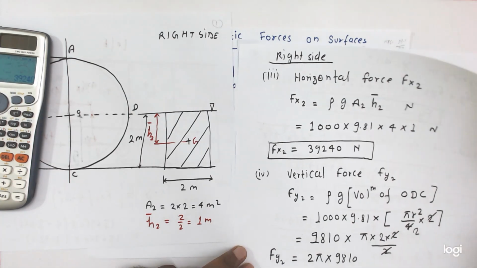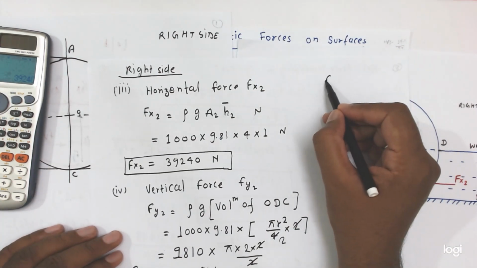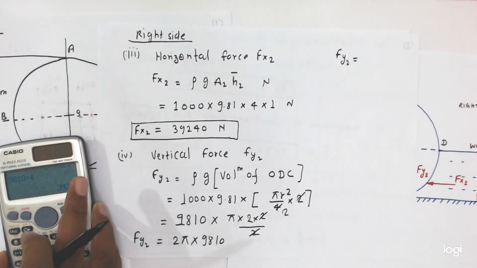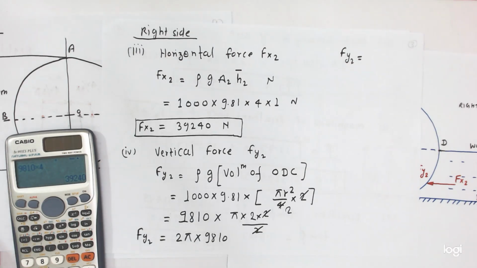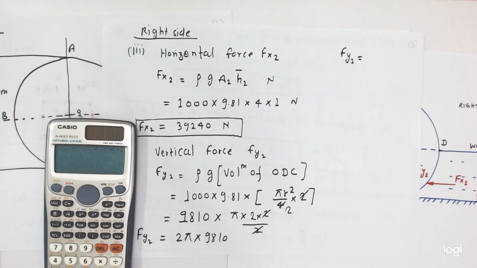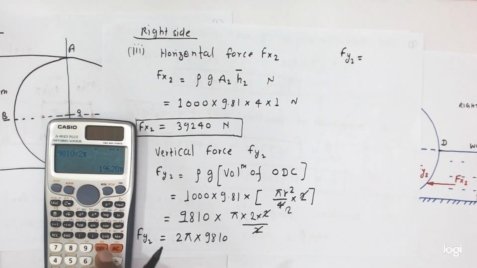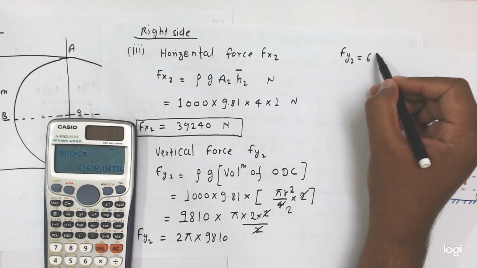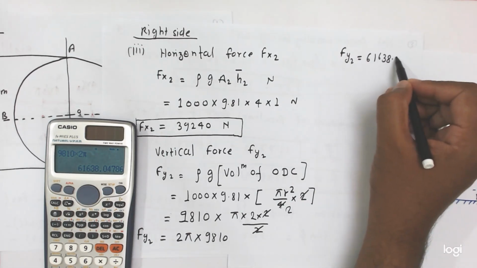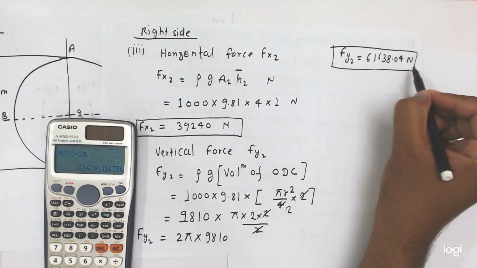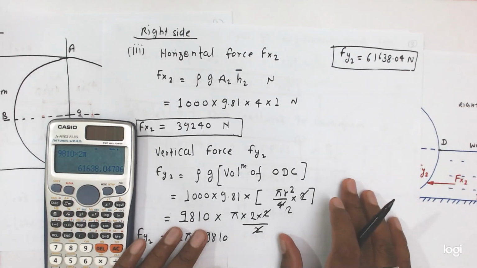So from here, Fy2 equal to 9810 into 2 pi. So it will come around 61638.04 Newton.